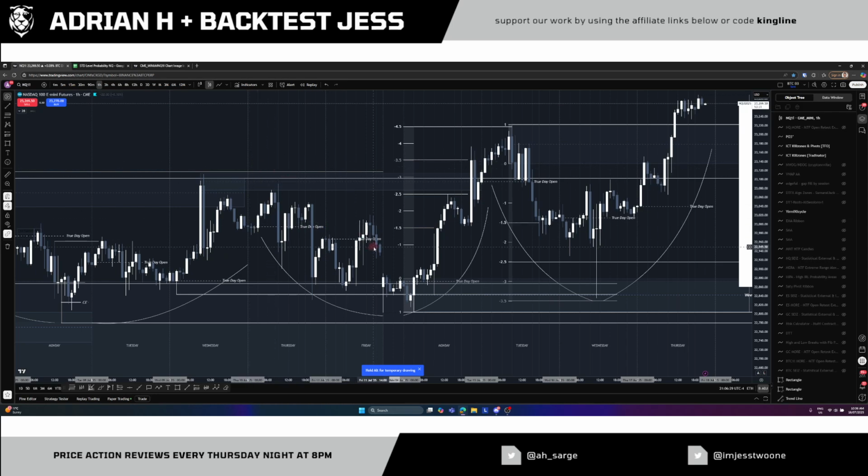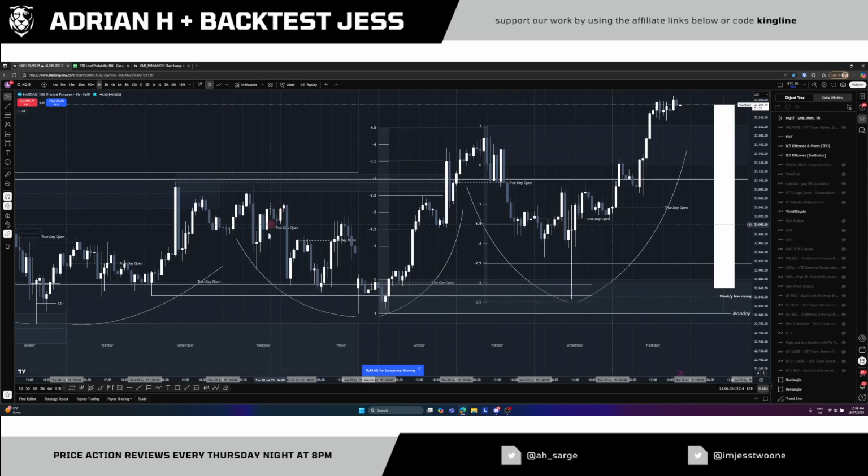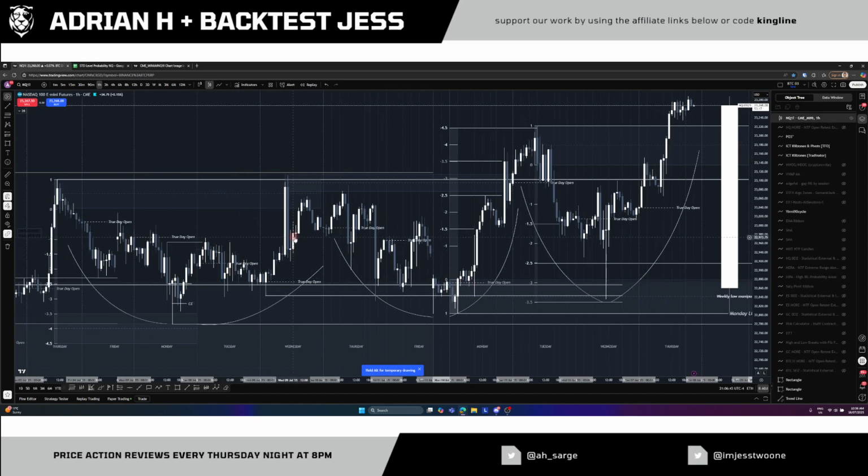When we're going down, we're looking for manipulation each day above true day open into continuation. And then as it switches to buy side, we're looking for manipulation below true day open, which we can see right at the end here, just down and straight up here as well.